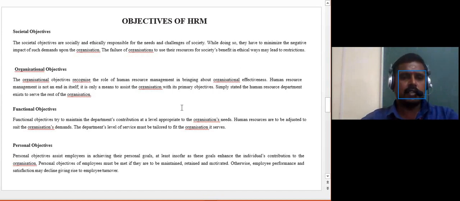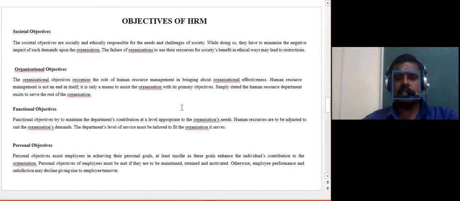And the next thing is the organizational objectives. The organizational objectives recognize the role of human resource management in bringing about organizational effectiveness. Human resource management is not an end in itself, only a means to assist the organization with its primary objectives.